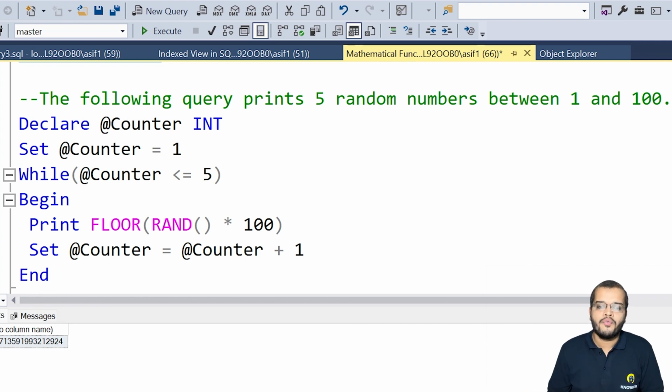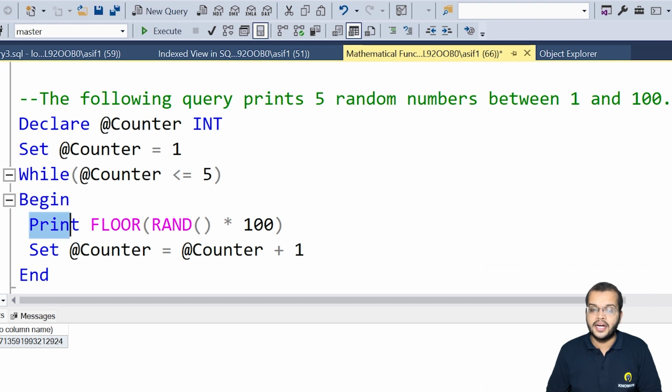So when I would like to print 5 random numbers between 1 and 100 or whatever it might be, first I'm declaring a variable, and let's consider that variable as an integer. Now I'm setting that variable as 1. Now I'm using a while loop here. While my variable is less than or equal to 5, I'm beginning the statement.